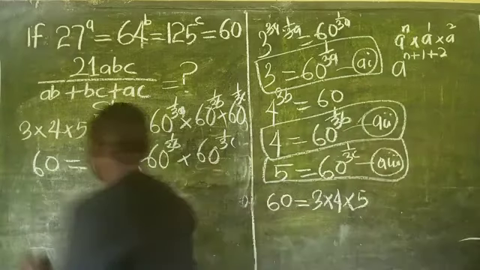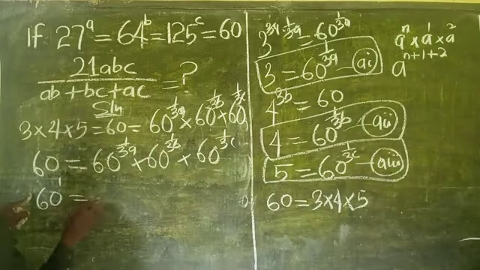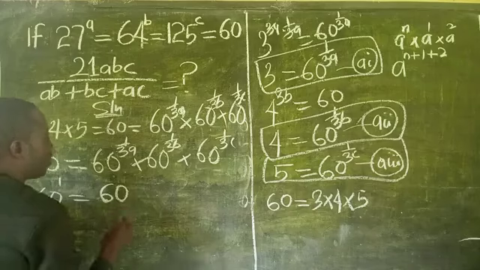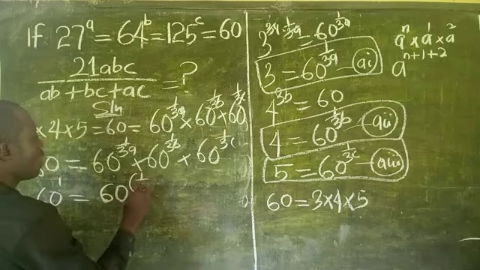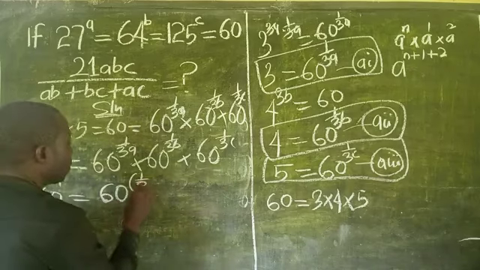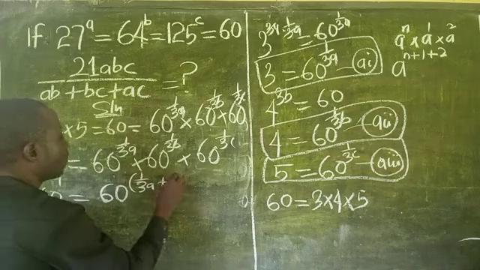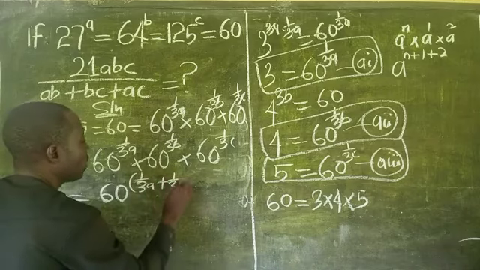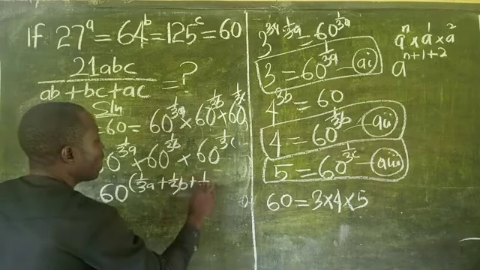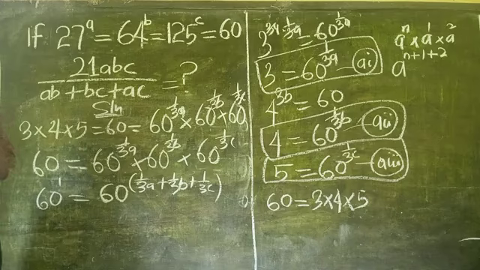That is to say, 60 is equal to 60 raised to power 1 over 3a plus 1 over 3b plus 1 over 3c. And we are confident with this because we have just applied the laws of indices.